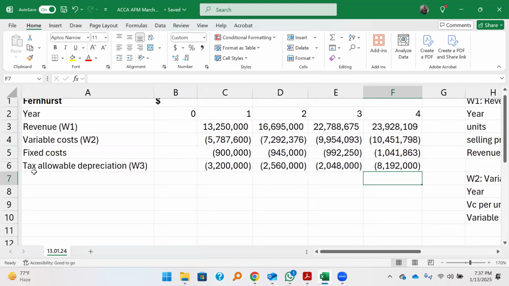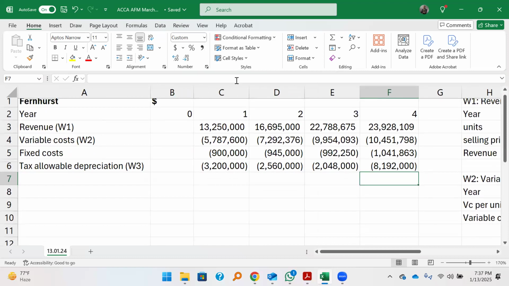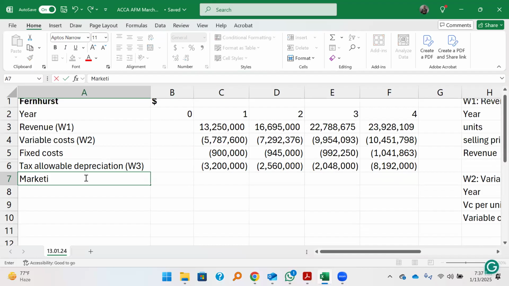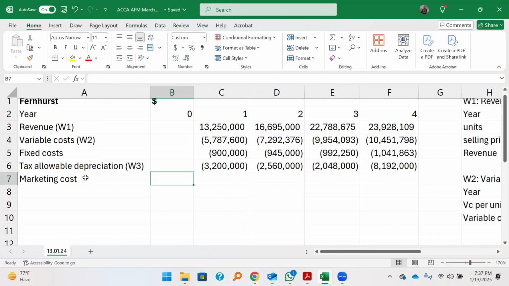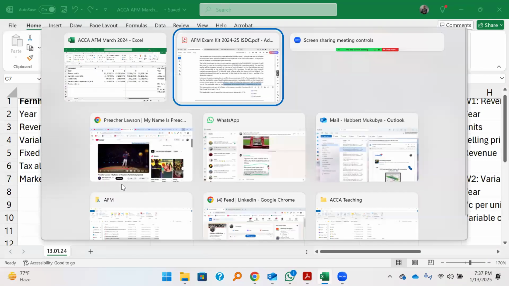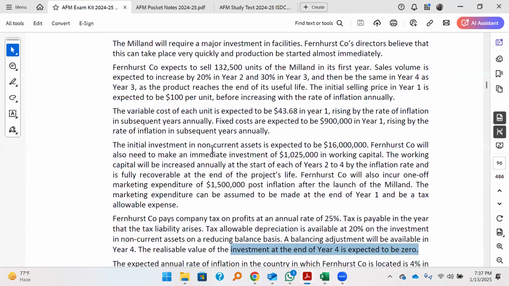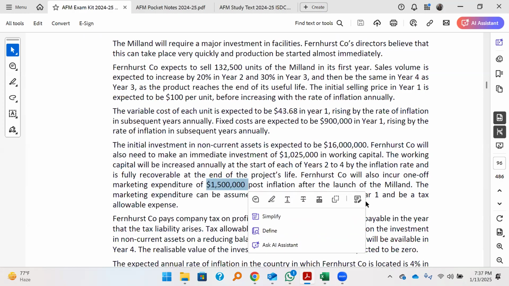Now, I remember that there's another cost here, which they told us is marketing. And they told us that this marketing cost is going to be 1.5 at the end of year one.